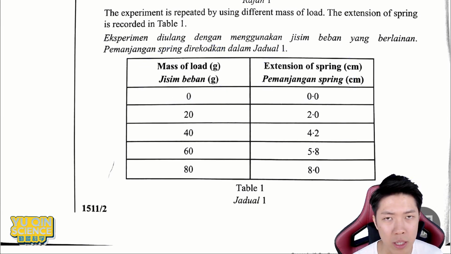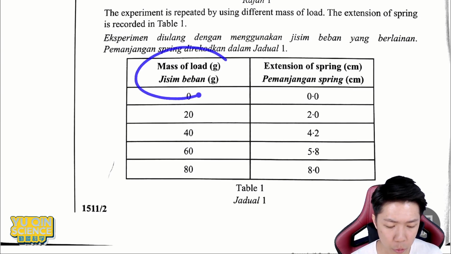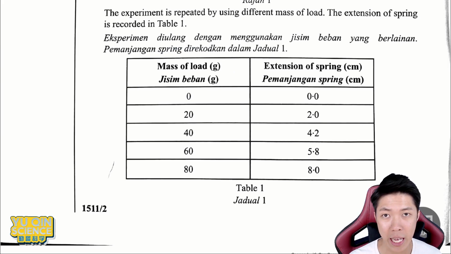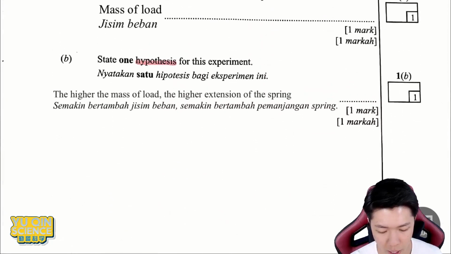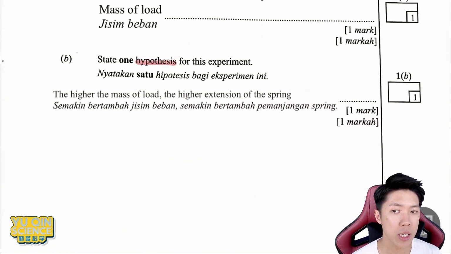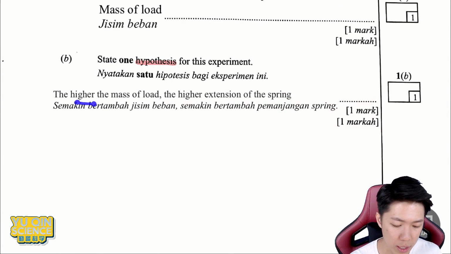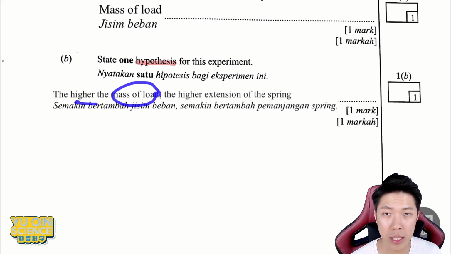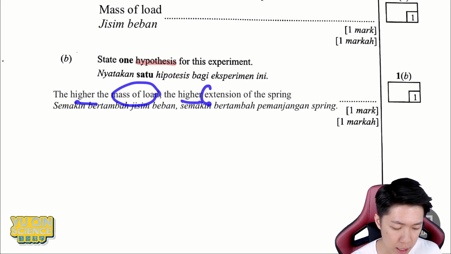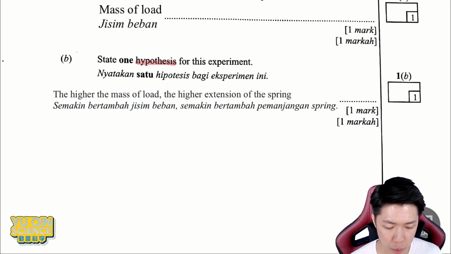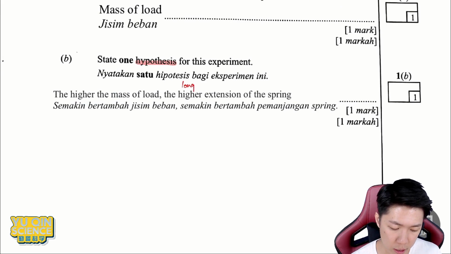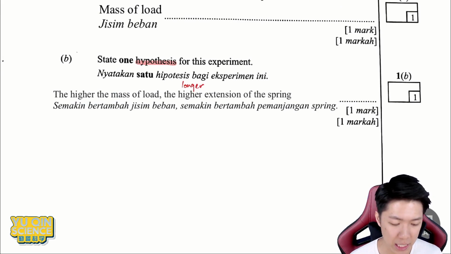Don't simply form sentences, make sure you use these, that will be more accurate. I think we can do it as simply as a the-sentence: the higher the mass of the load, the higher the extension of the spring, or we can also say the longer the extension of the spring.